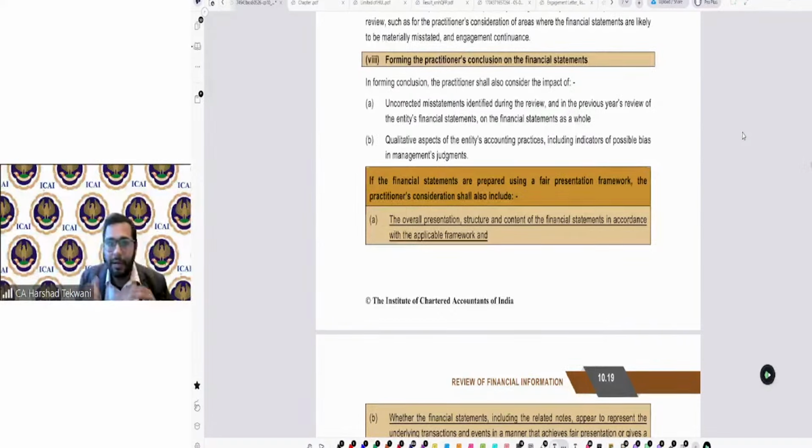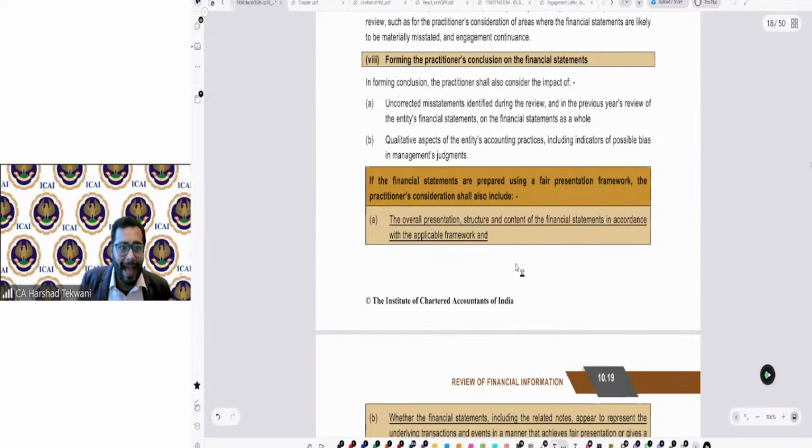The requirements, such as what your language should be, what the title of the paragraph should be, and what types of opinions you can issue in a limited review or review engagement, are all covered under one single bucket of SRE. Unlike your auditing standards, where we have SA 700 and SA 705, in SRE the requirements of these two are merged under the single bucket of SRE 2400.